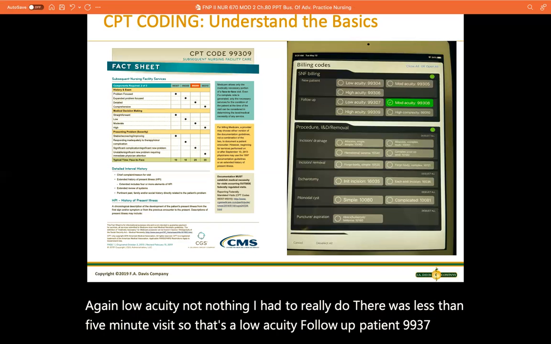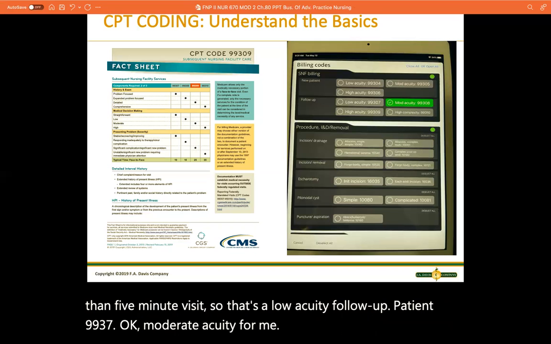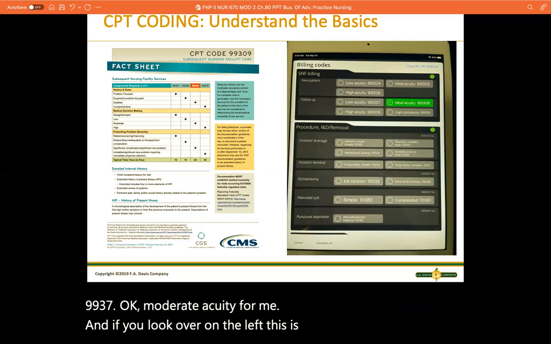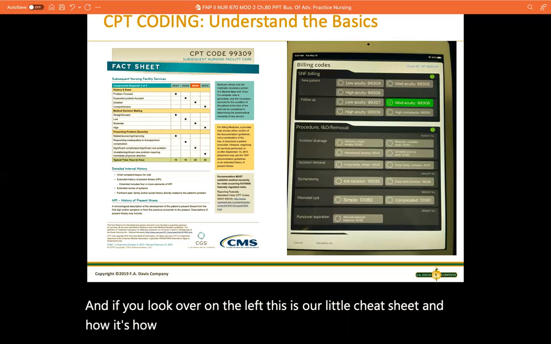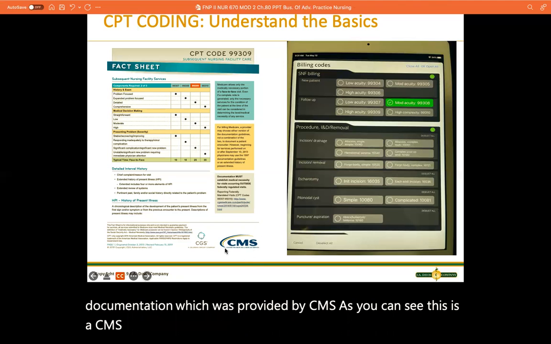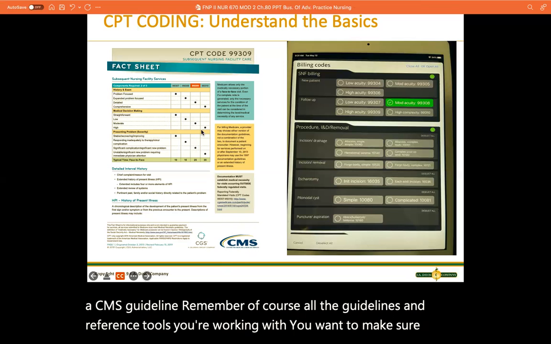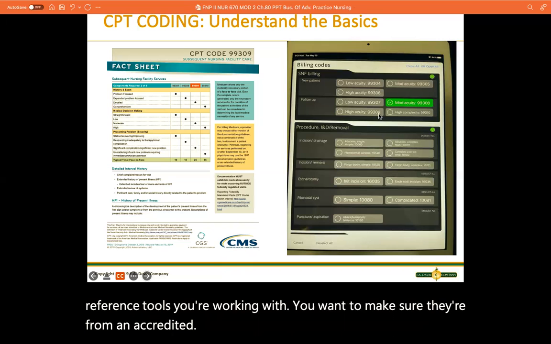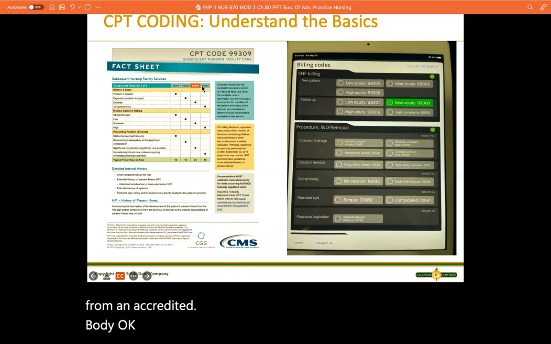Moderate acuity for me, and if you look over on the left, this is our little cheat sheet and we need to make sure that we're focusing our documentation, which was provided by CMS. As you can see, this is a CMS guideline. Remember, of course, all the guidelines and reference tools you're working with, you want to make sure they're from an accredited body, okay? So here, this particular coding sheet is for 99309, which is the higher acuity.